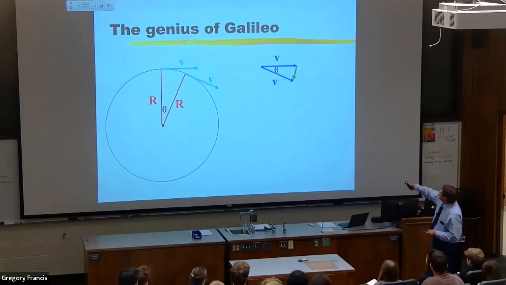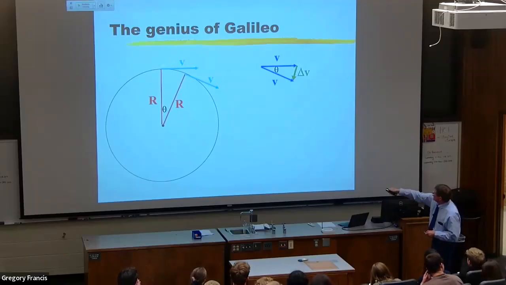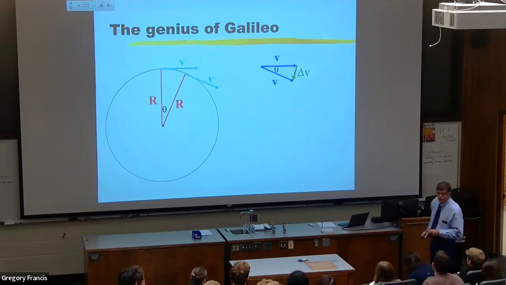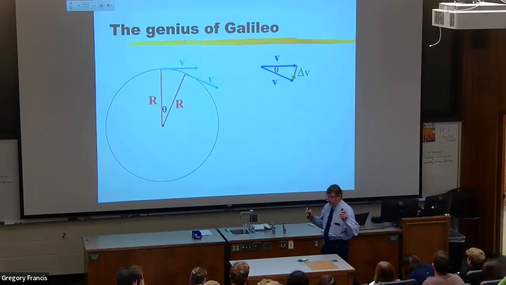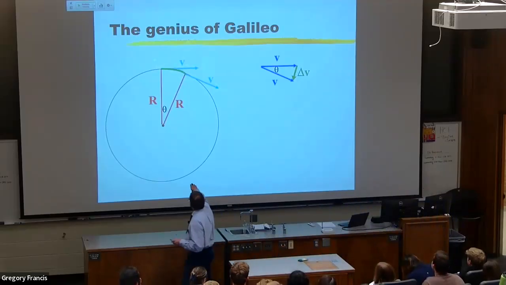Galileo knew that he was looking for this vector right here, the change in velocity, what I have to add to my initial velocity, that's that. I add this change to turn it into that final velocity. Now, this is where he used his genius. He said, look at that arc length right there.